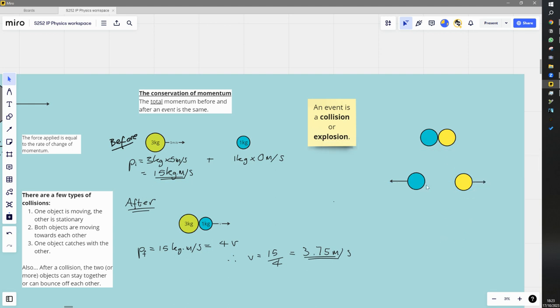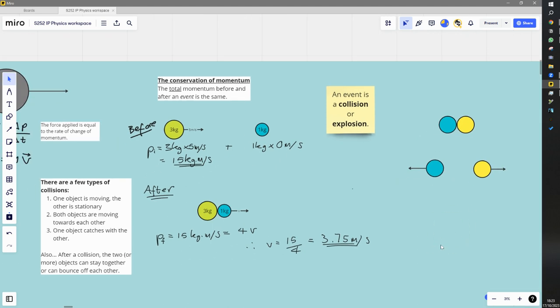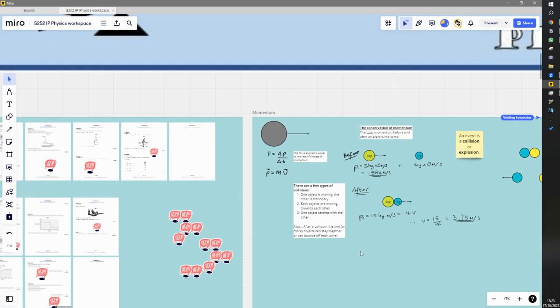We have something sitting still, and then after the explosion, different parts of that something are moving in opposite directions. Explosions are a bit weird to get your head around to start off with, but once you get the hang of it, they're actually much easier to calculate than collisions. But we will look at that in a moment.